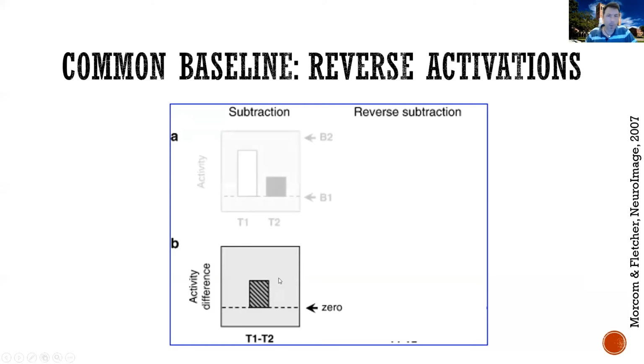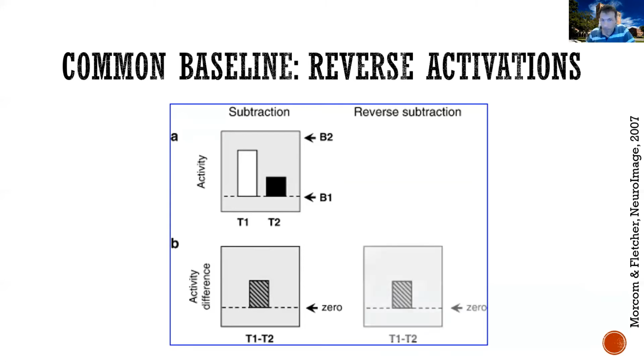So the idea would be that in task A, that region of the brain was very active. In the control task, it was maybe either less active or it was at zero, compared to maybe just looking at the blank screen. And so when you compare the two, they give you a positive result. And this part of the brain is the part of the brain that really cares about faces.